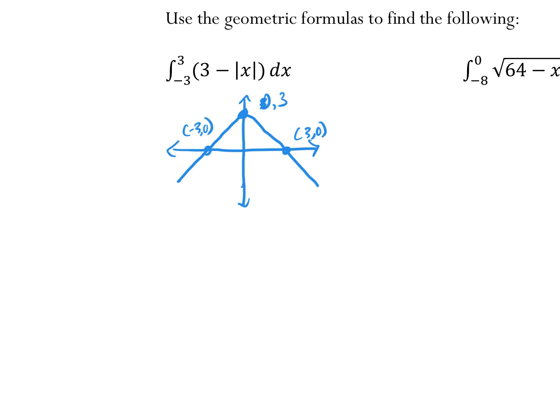So even though I don't know how to calculate this integral analytically, can we calculate this integral geometrically? Well, it's a triangle. This is 6. This is 3. 6 times 3 over 2 is 9. So this particular integral would equal 9.